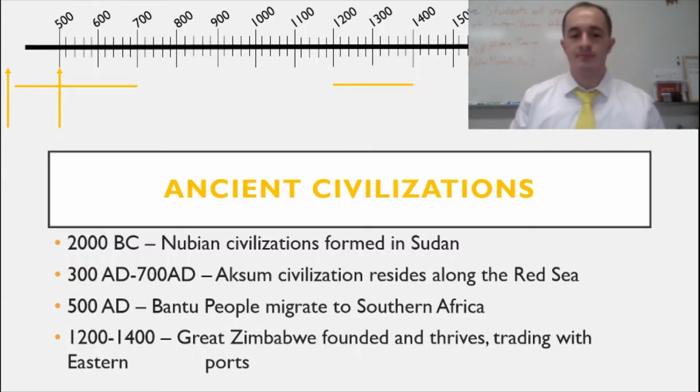So our third civilization we talked about was the Bantu people. 500 AD, we can see as the second arrow on the left. 500 AD, the Bantu people migrate to southern Africa.